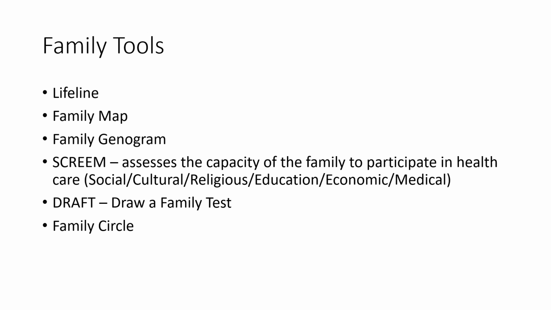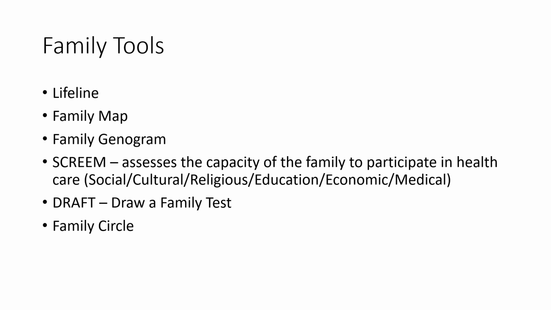So there are other family tools. The lifeline is like a chronological history of specific milestones in the family. Your family map and genogram would be your relational tools, wherein you put conflict or if they are enabling each other, and you see things at an instant.